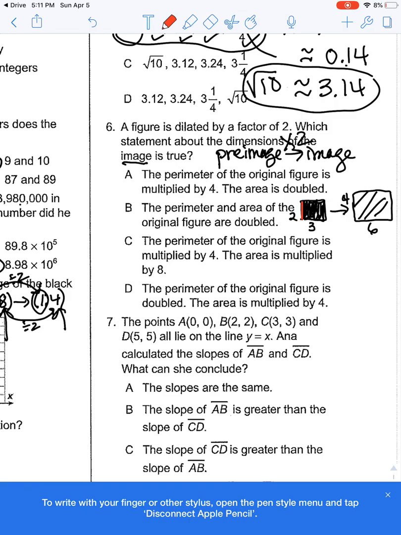So 2 plus 3 is 5, plus 2 is 7, plus 3 is 10. So that's going to give us a perimeter of 10.